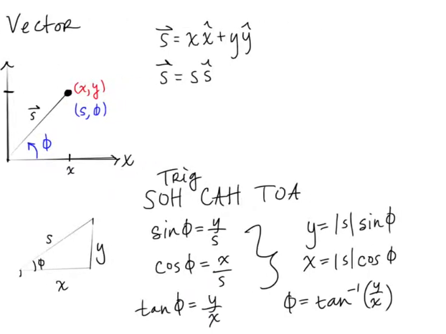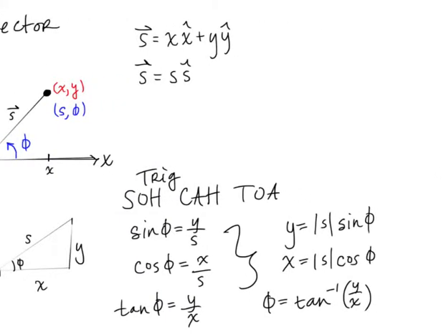Okay, and this information helps us when we're attempting to solve this. So now we can write this s in terms of s and phi. We can say the magnitude of s times sine phi x-hat, plus, don't forget your x-hat because you need direction, plus the magnitude of s times cosine phi y-hat. And we said that this is also equal to this.